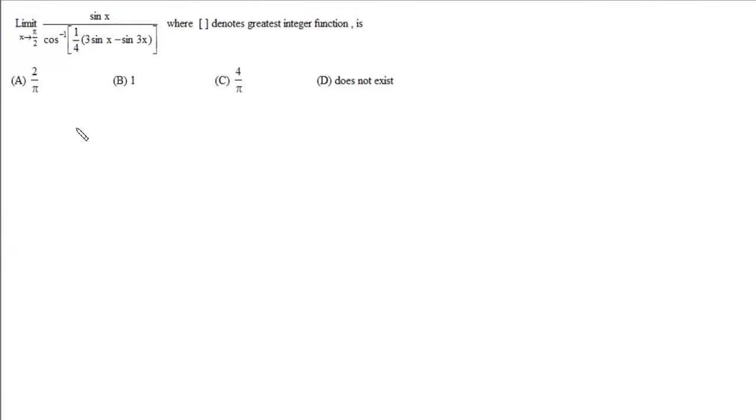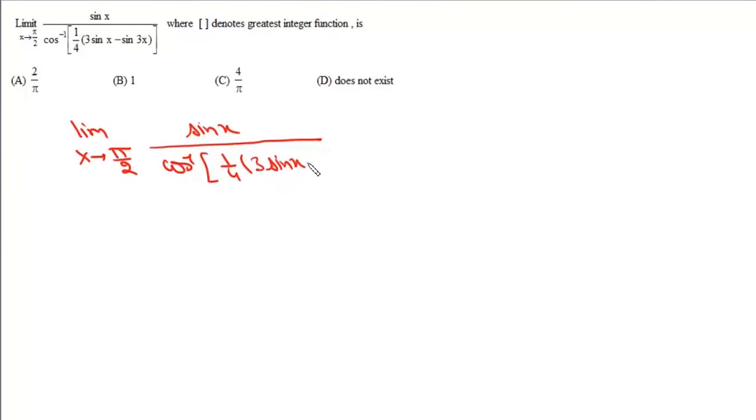Now here the question is, we need to find this limit as x tends to pi by 2 of sin x upon cos inverse of the greatest integer function of 1 by 4 into 3 sin x minus sin 3x, where this box represents the greatest integer function.